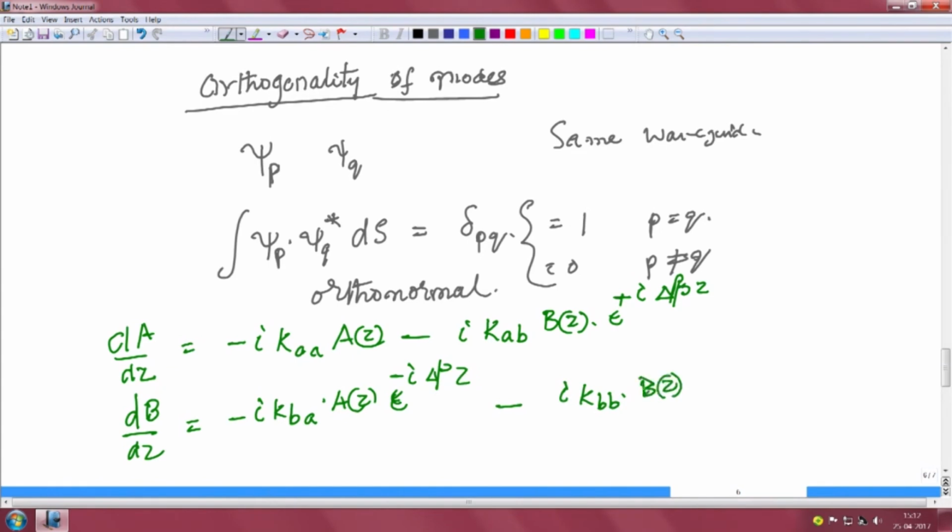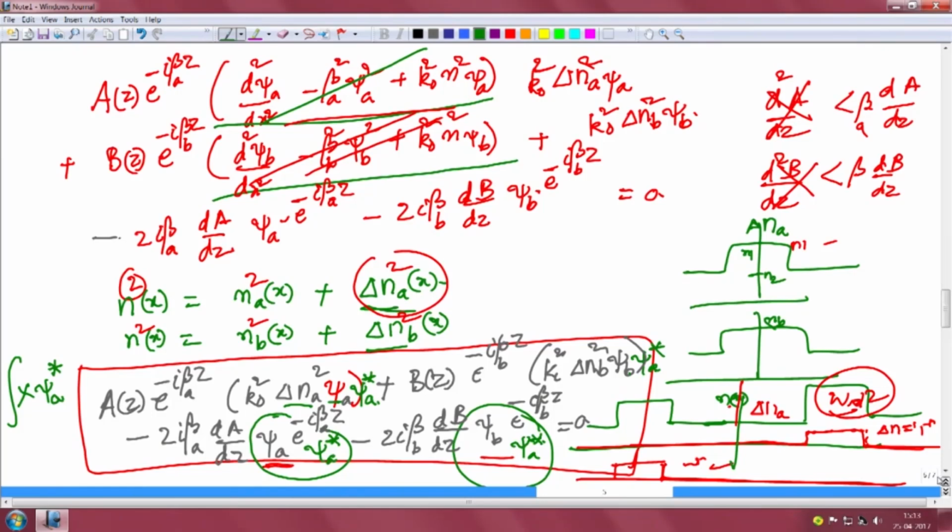Let us spend a little bit of time to understand this. The constants KAA, KAB, KBA and KBB contain the factors of overlap. So, I will try to use the previous expression to manipulate and then show that once again. I will erase unnecessary fields and then try to manipulate this equation.